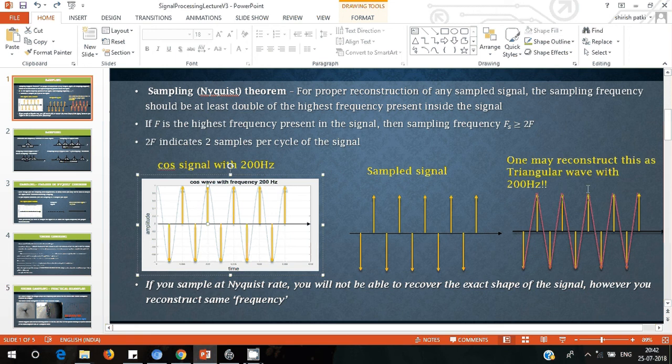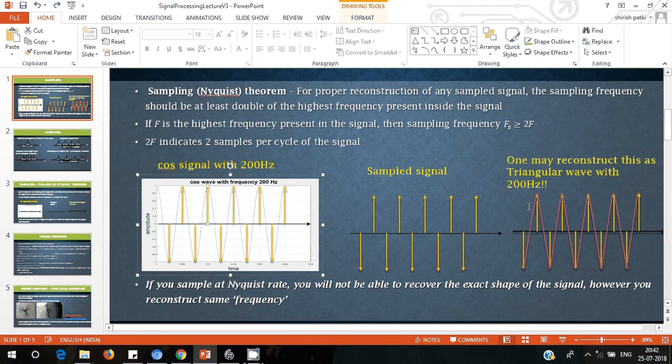It may follow some pattern or a simple linear pattern. If you connect with a line, following a linear pattern, it looks like a triangular wave. So you are transmitting a sampled version of a cosine signal with only 2 samples per cycle, sampling at the Nyquist rate, and at the receiver it is reconstructed as a triangular wave.